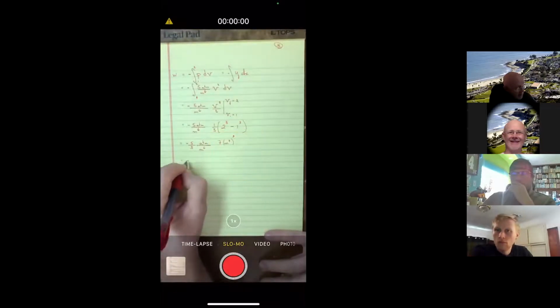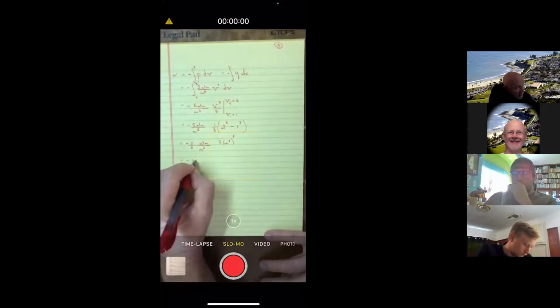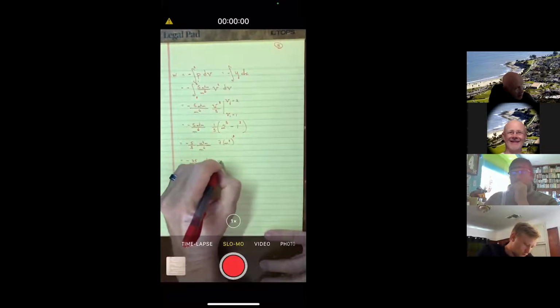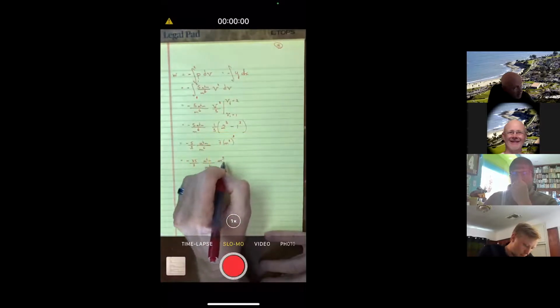So again, let me just put my numbers together. The 7 and the 5 make 35 over 3. And then again, I have my atmospheres, and I have meters to the 6th and meters to the 9th, which then reduces down to cubic meters.